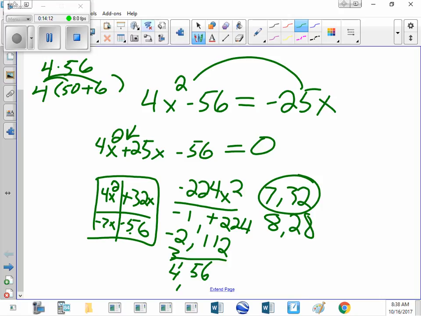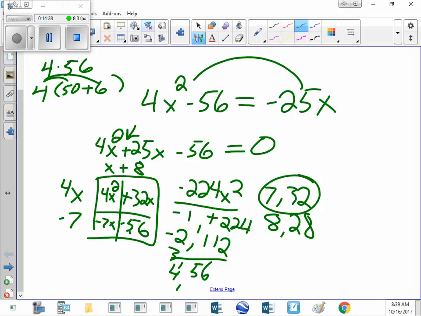What does the top row share? 4x. If I pull out a 4x, I'm left with x plus 8. And then this would be minus 7. Okay. Is negative 7 times 8 negative 56?